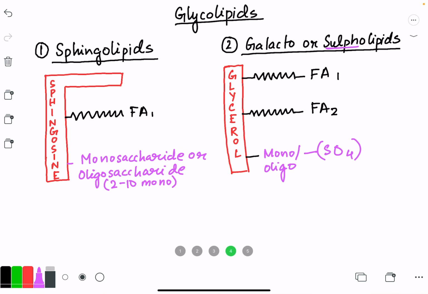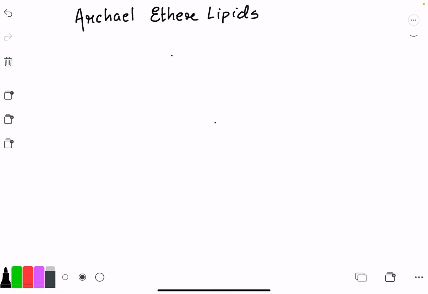Coming to the last part, which is the archaeal ether lipids. The basic structure is a bit different. These archaeal ether lipids have 3 glycerol molecules. So first I'm drawing one glycerol molecule.